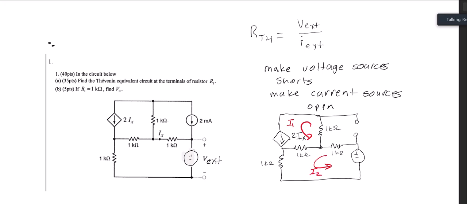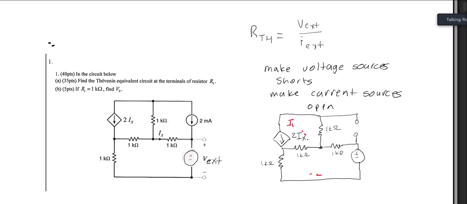Now you'll notice by doing this that IX, the way I drew it, actually I think I want to go the other direction. The reason I want to go the other direction is to make it match my IX. And then it's just easier if you make both of your currents go in the same direction. Much easier. So I'll go this direction.